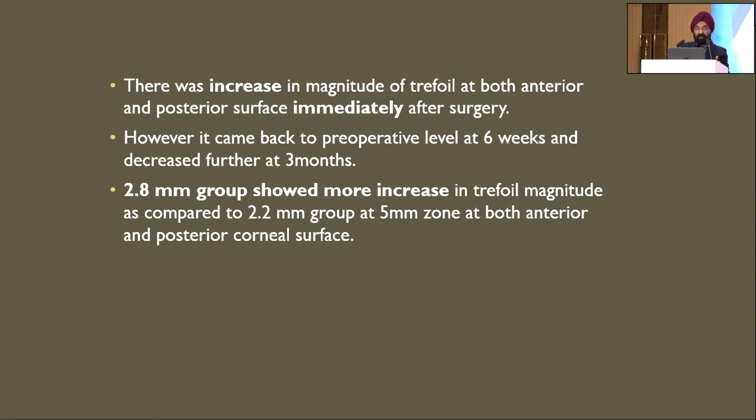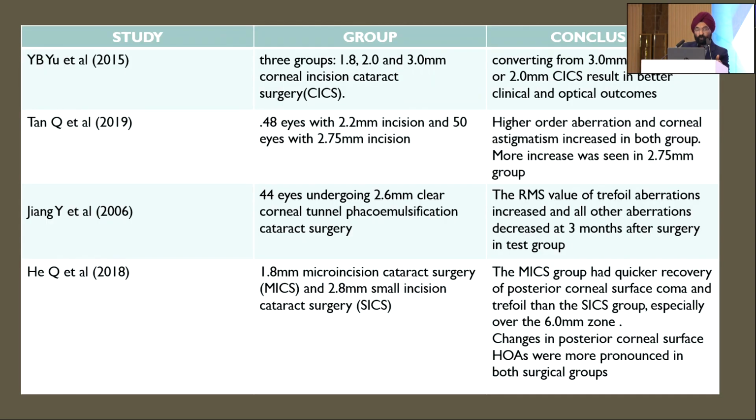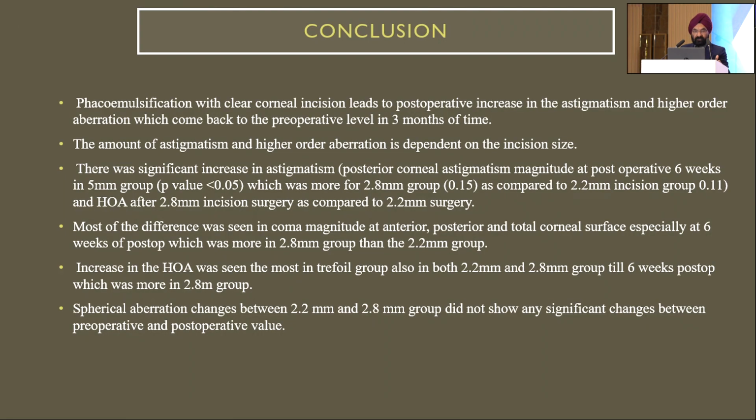And we found that this was much more in 2.8 millimeter as compared to the 2.2 millimeter at both 3 and 5 millimeter zone. These were the studies which have been done earlier, and they have also found that, since there is no way to correct them, there are better ways to decrease the incision size from 2.8 to 2.2 millimeter so as to increase the quality of vision after phacoemulsification surgery.